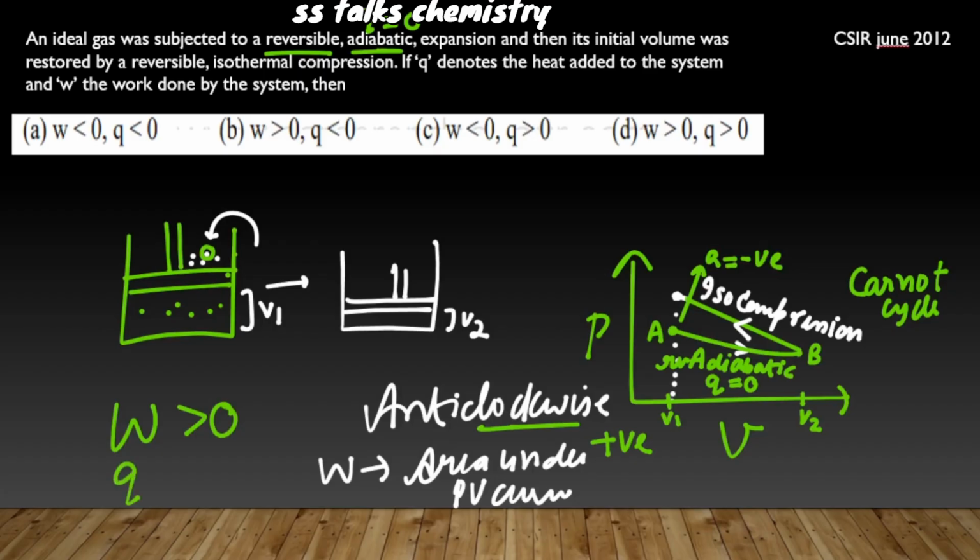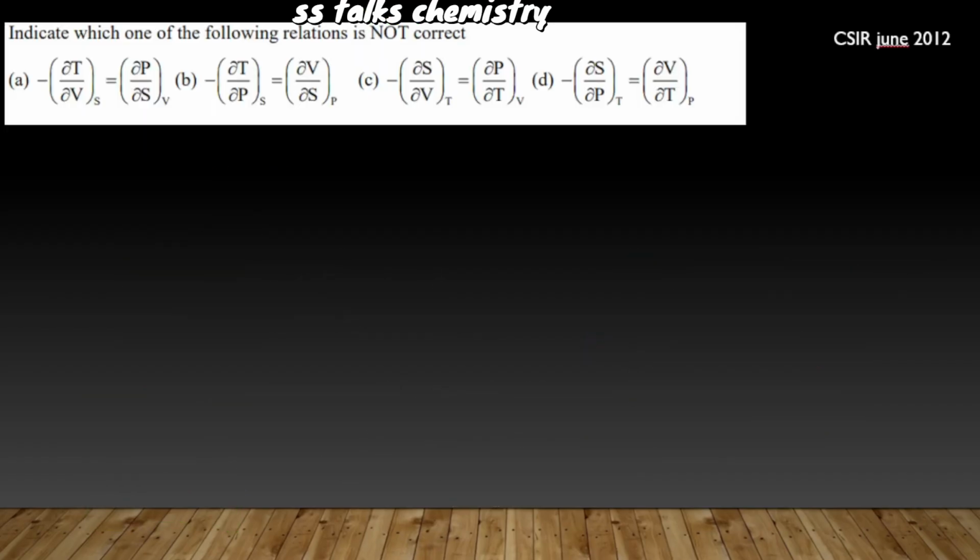So the Q value is going to be less than 0. W is greater than 0 and Q is less than 0. This is what is happening in this process. W is greater than 0 and Q is less than 0. Option B will be the right answer here. I hope the concept is clear. Okay. Now the next question we are having.